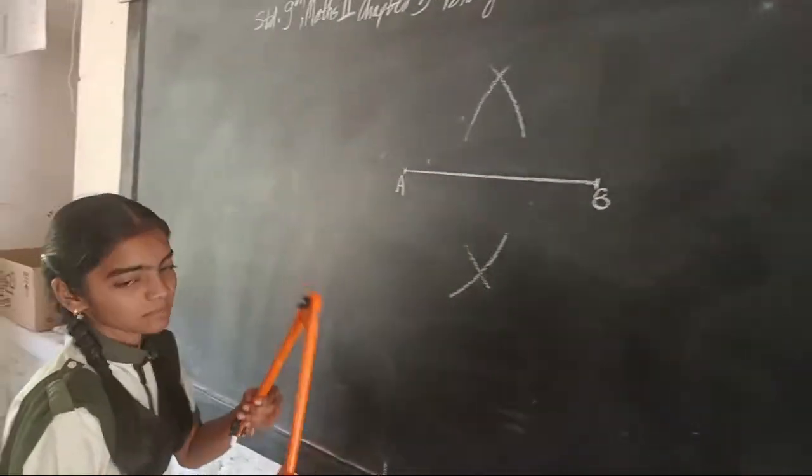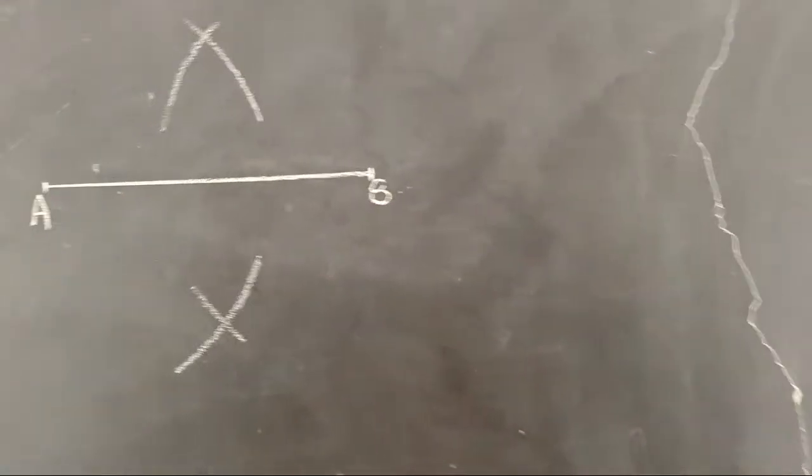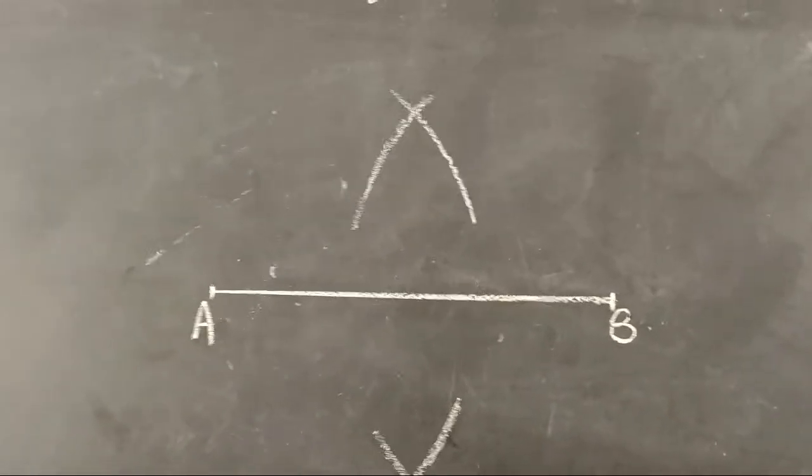Arcs can be drawn. Good. The perpendicular bisector is drawn here.